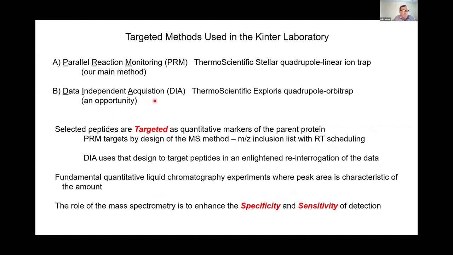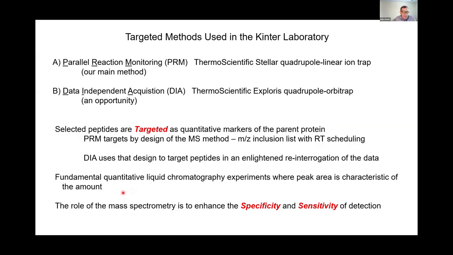When we're looking at data-independent acquisition data, we use what we learn and set up here just to give what I call an enlightened reinterrogation of the data. We don't change the DIA data in any particular way. We just go in and look at it, plot some of it, and evaluate it in an enlightened or educated manner.